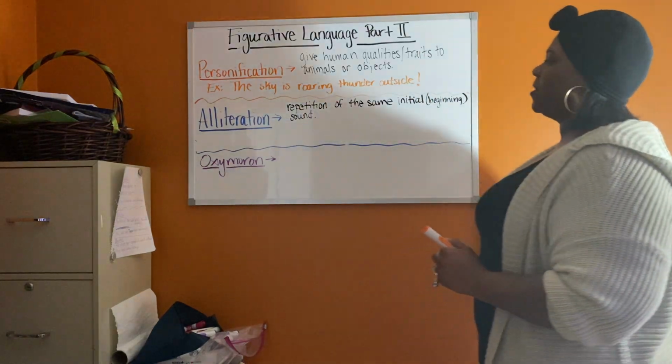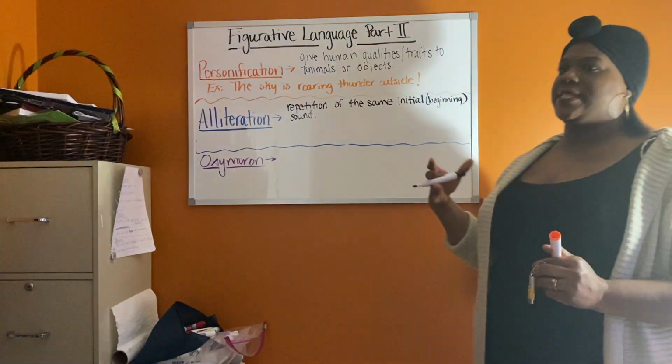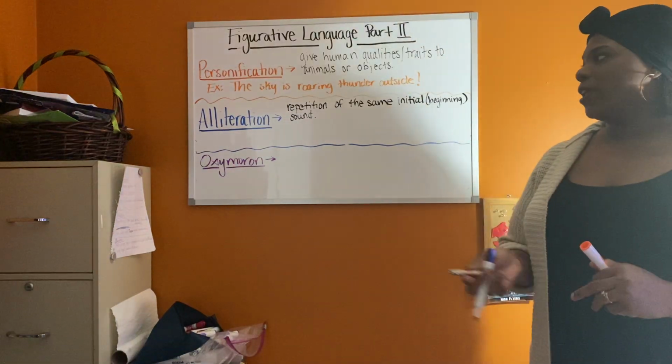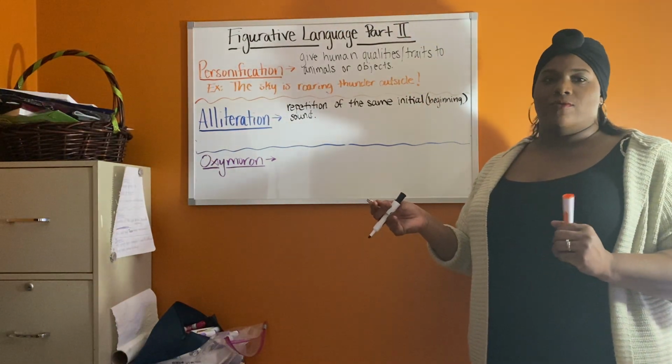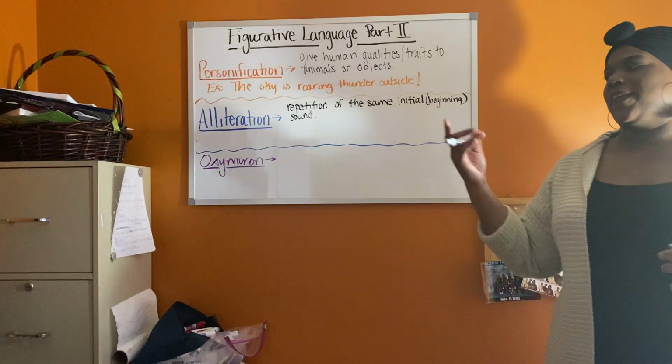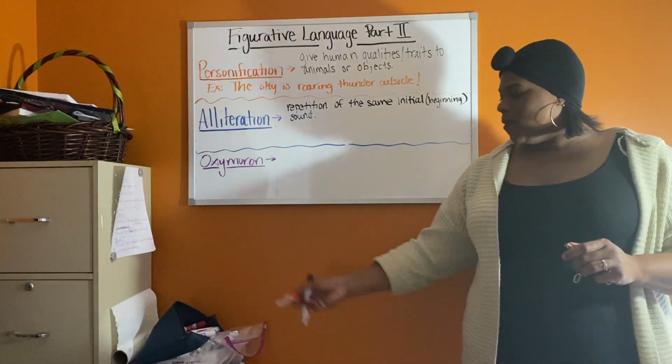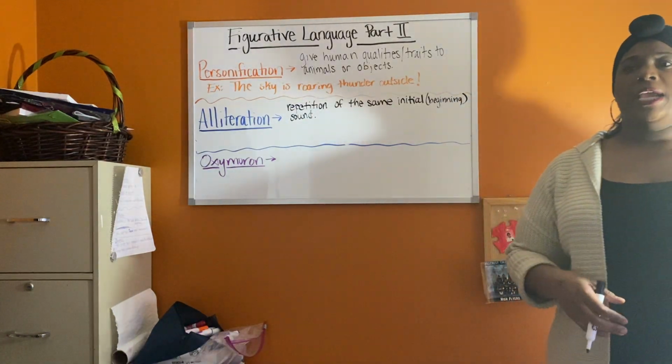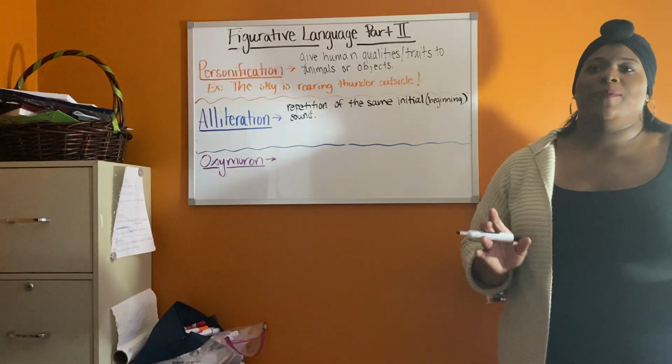So it's the repetition of the same initial beginning sound. This one definitely is more familiar to you guys. Some examples, not one that I'll write on the board, are ones you might have heard in the nursery rhyme world.